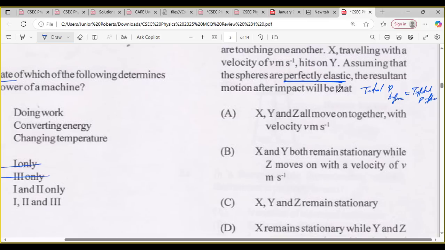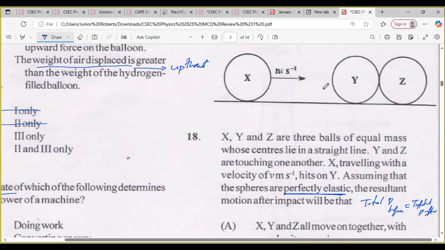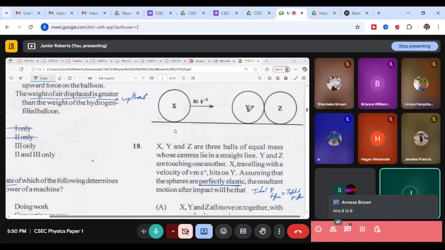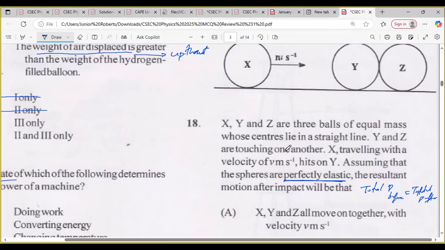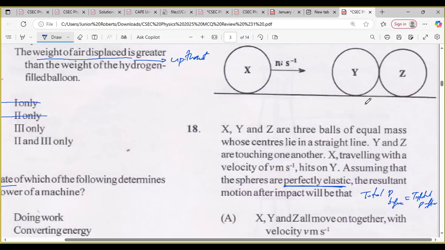Now in order for the total kinetic energy to be conserved, we're going to see that one of the balls must move off with the same velocity that the initial ball X was moving with.